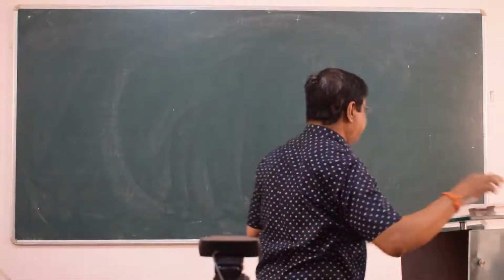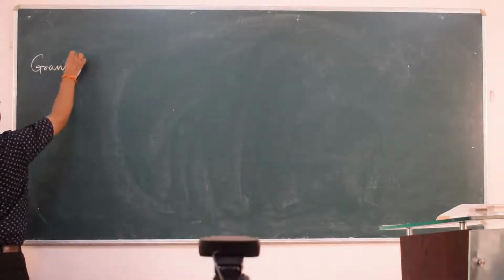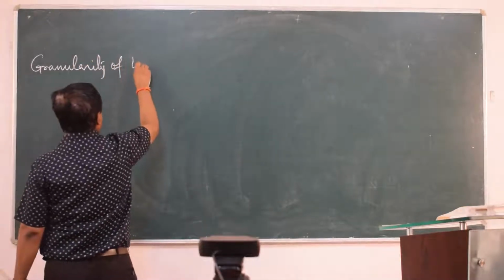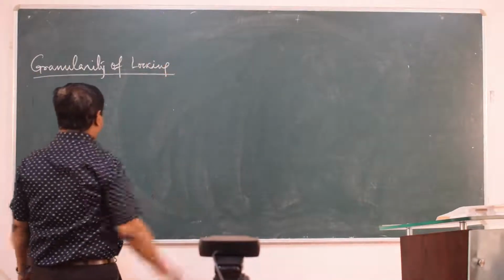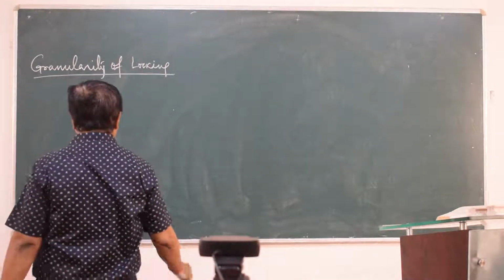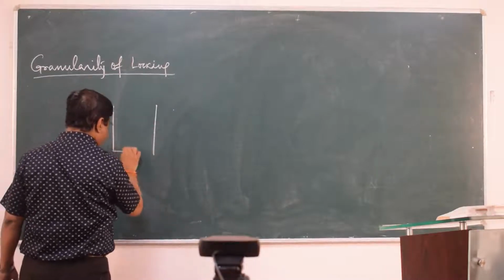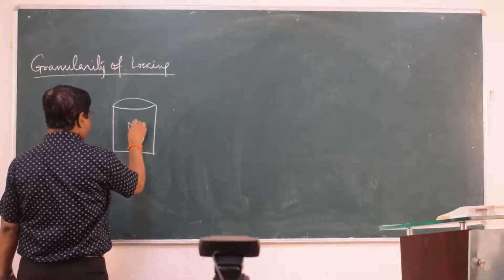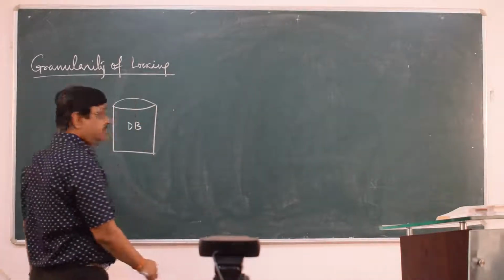Granularity of locking. What is it? Say we have a database. The database might contain a number of tables, relations.